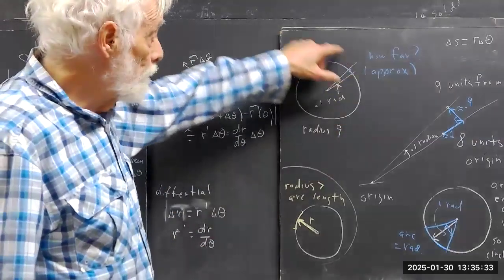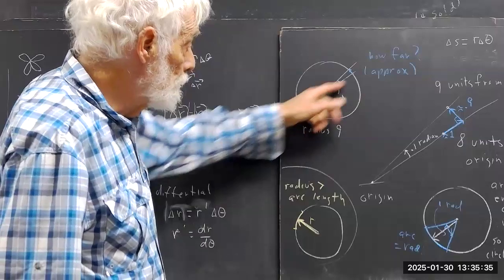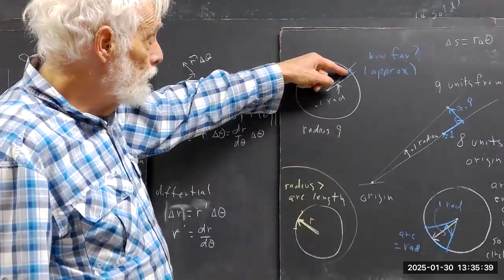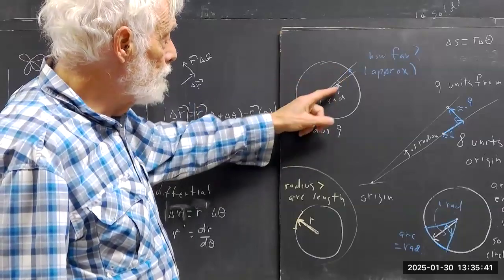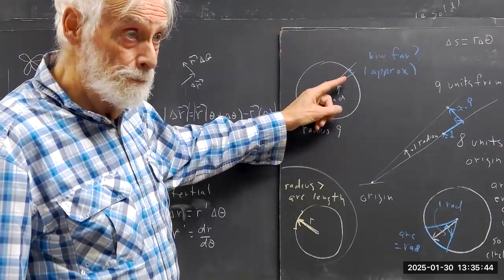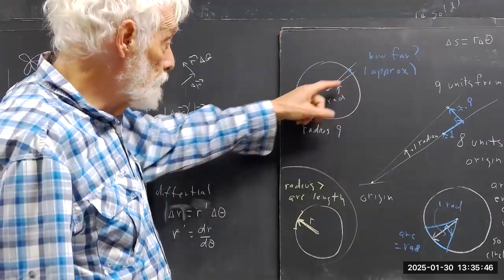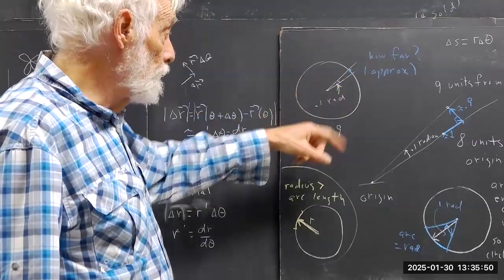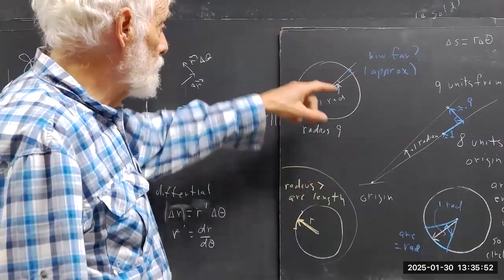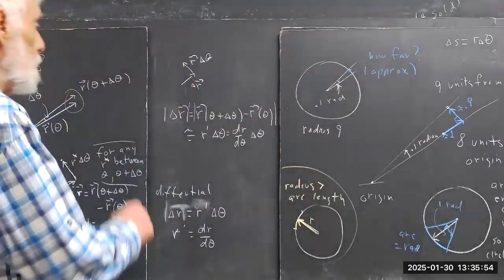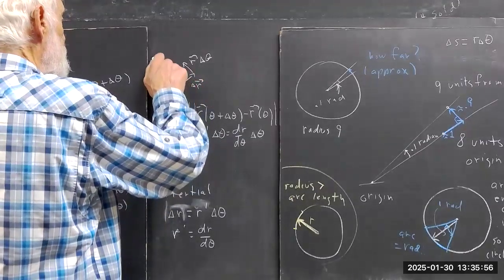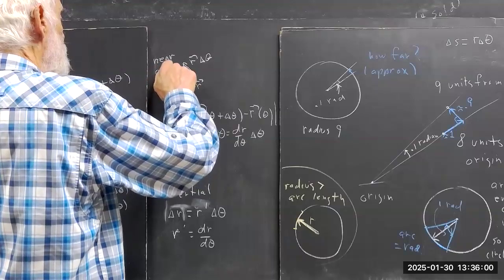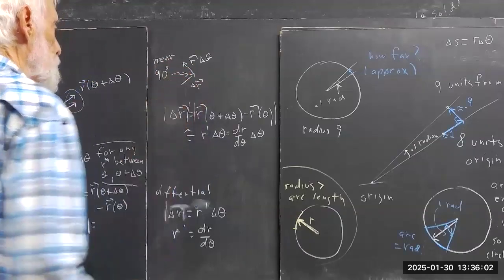It's because the arc of the circle is perpendicular to the radial line. So this vector here is almost perpendicular to any vector between here and here. Perpendicular to some vector between here and here, but it's very close to being perpendicular to all these vectors. So this vector can be assumed to be at an approximate right angle. This angle is near 90 degrees.